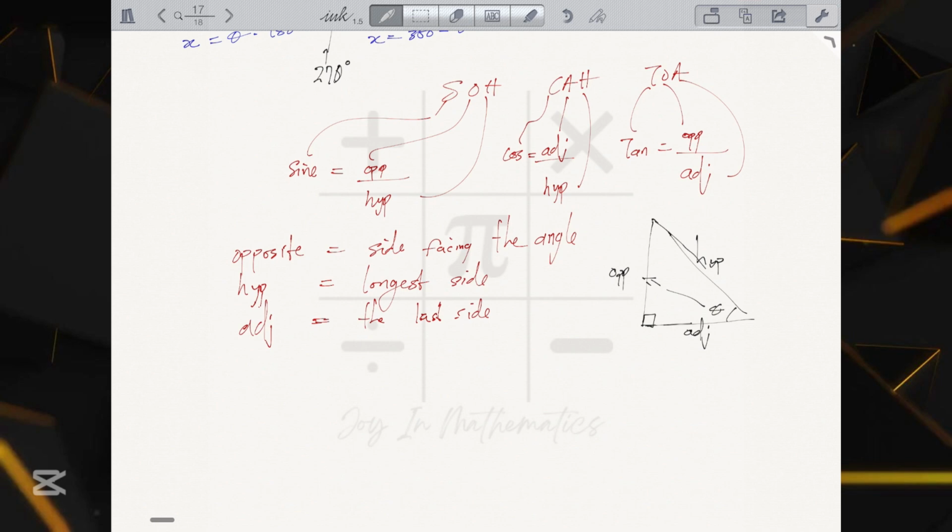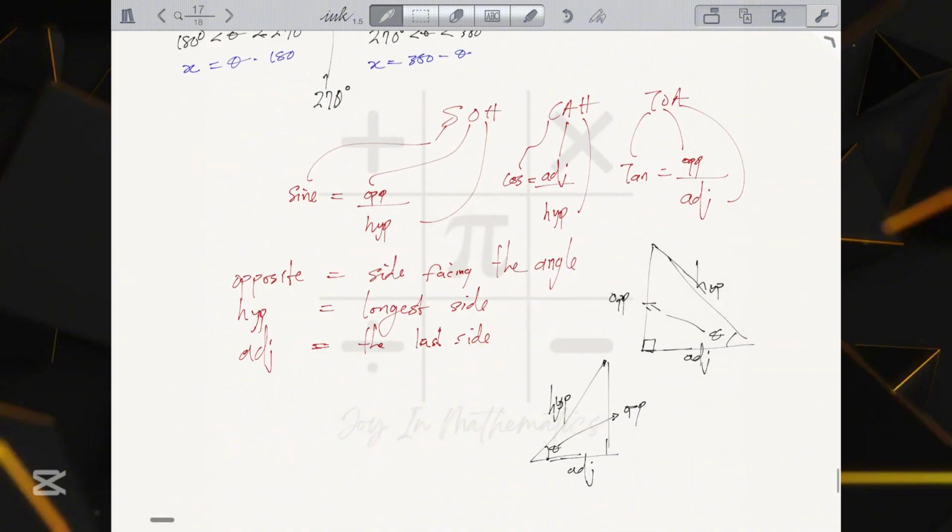In the same way, if you have something similar in this direction, theta, the side facing the angle is the opposite, the longest side is the hypotenuse, and the other side is the adjacent.